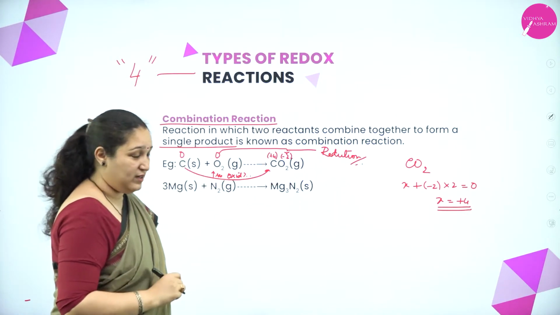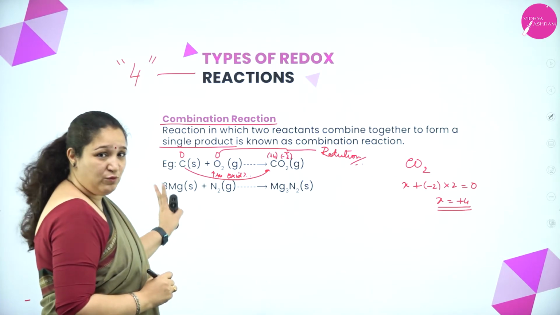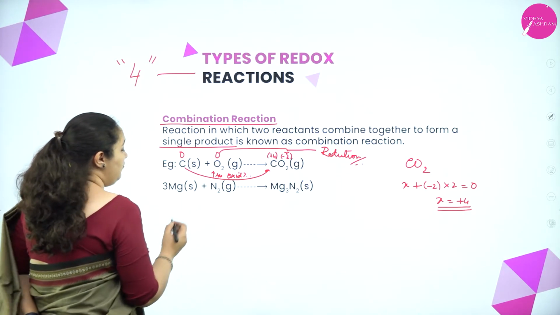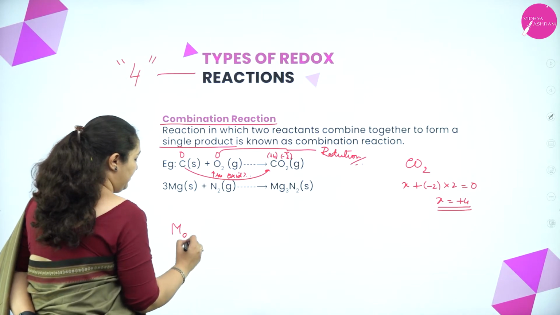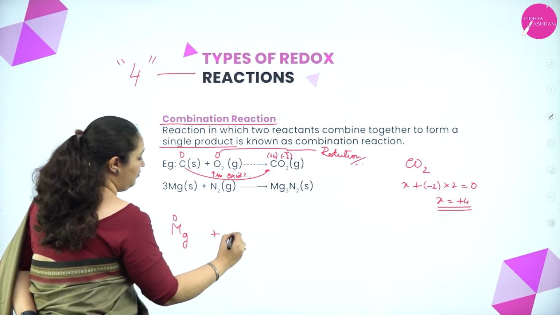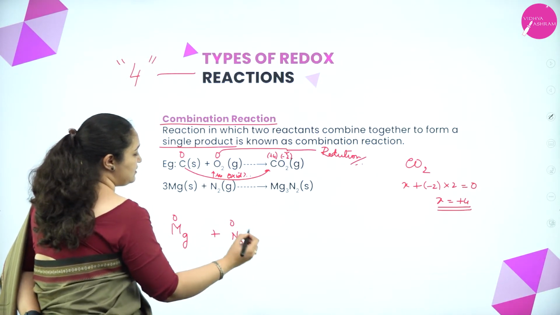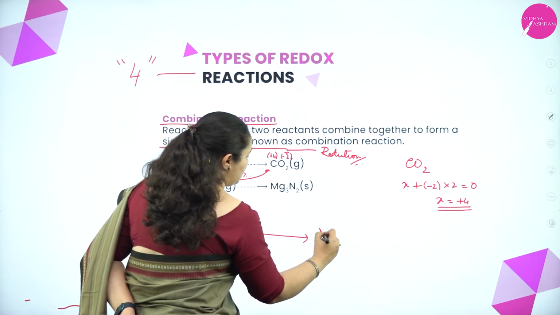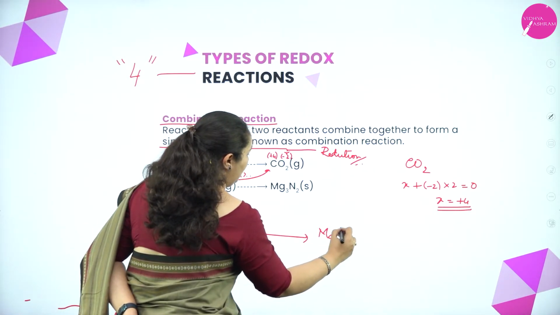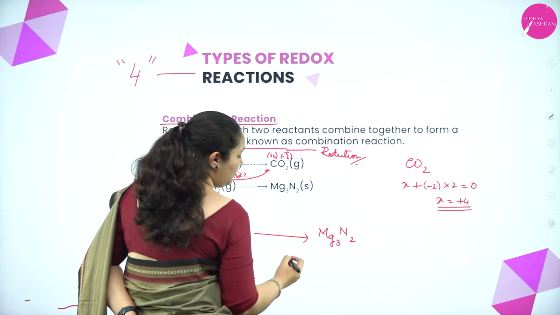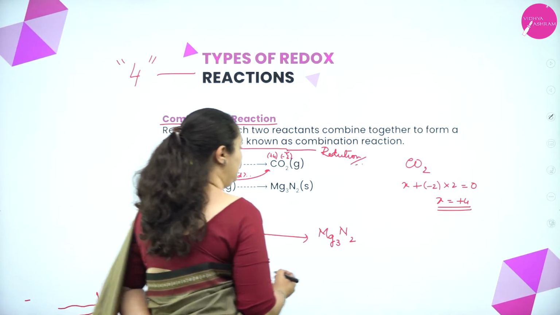So I hope you have understood. Once again, I will write it for magnesium also, separately. Magnesium is 0. For nitrogen, it is 0. For magnesium nitride, Mg3N2, I shall calculate here.